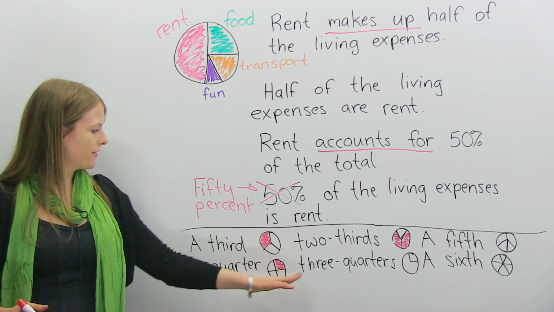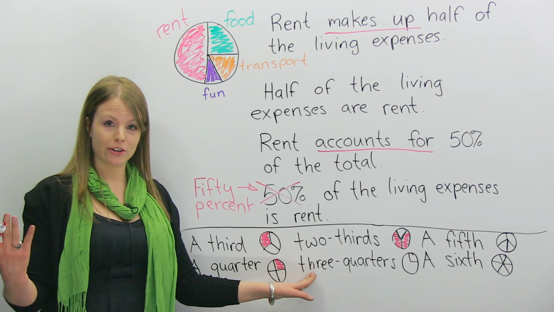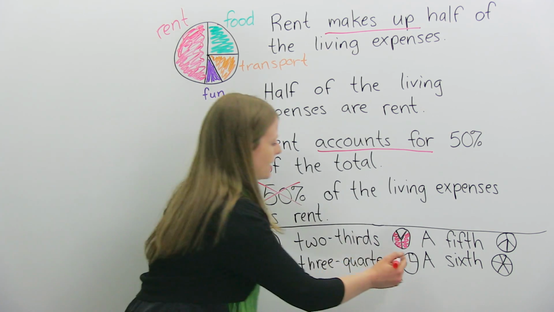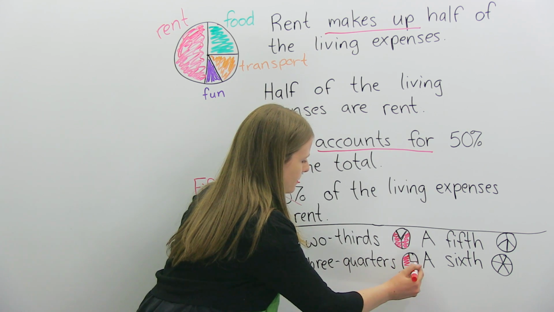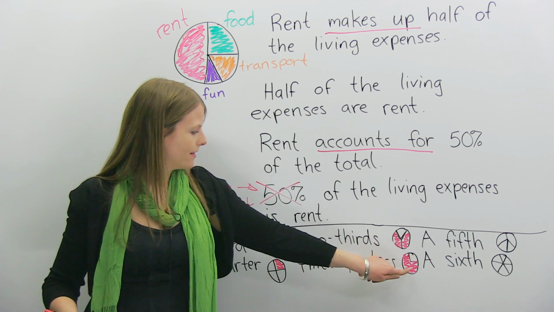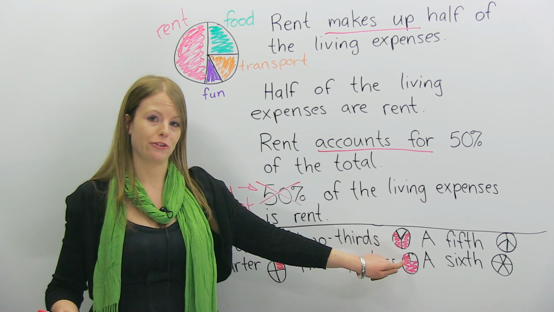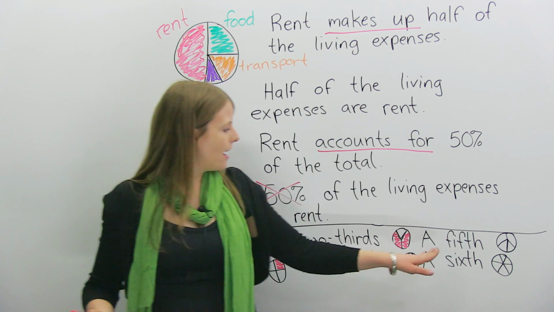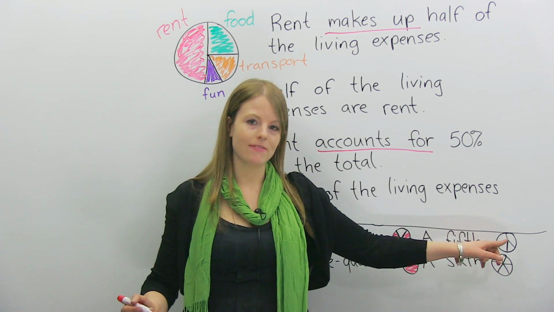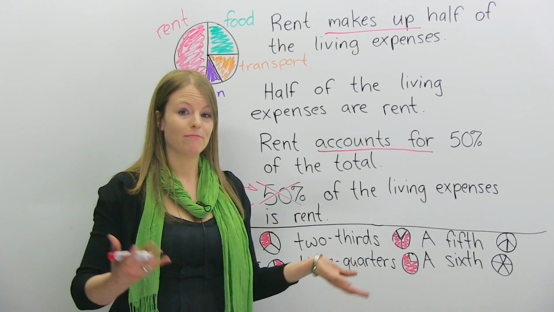When we talk about quarters, we can also talk about 3/4, where instead of talking about this little piece, we're talking about the rest of the pie. Whereas this is 1/4, this in red is 3/4, okay? We can also talk about a fifth. So if the pie has 5 parts, 20% would be a fifth.